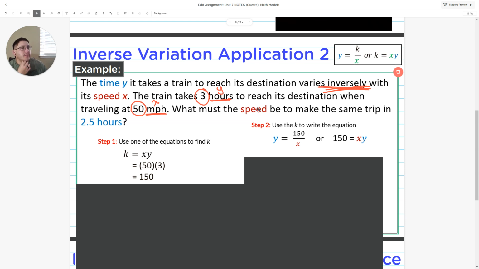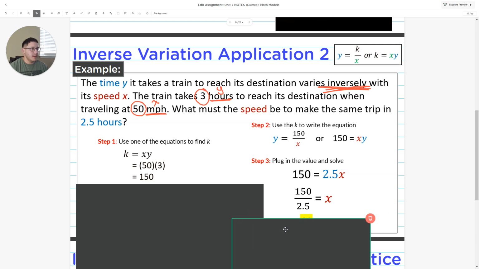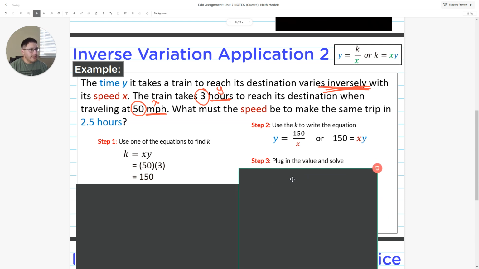Now, what is the speed? What must the speed be to make the same trip in 2.5 hours? So 2.5 is associated with the y value. So here's the next step. Now we can use either the left or the right.